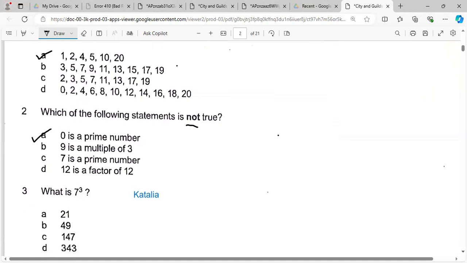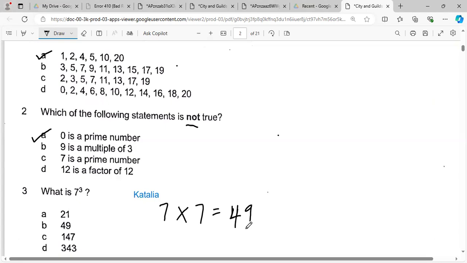Go ahead, Katia. Okay, so what is 7 cube? Cube. So you would do 7 times 7 equals 49, times 7 equals 343, because there is a 3 cube.